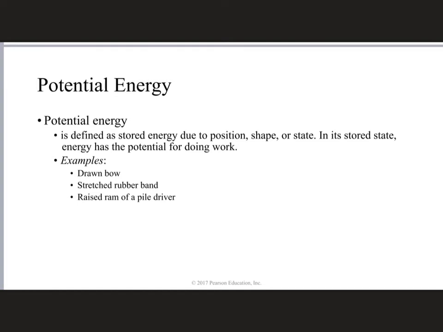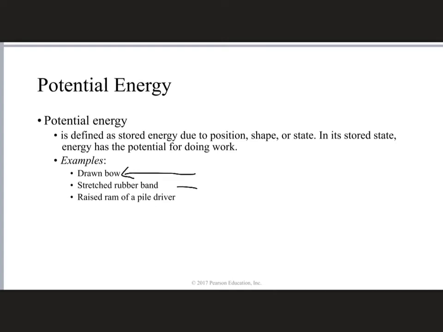So if you take a bow and arrow and you stretch, you draw the bow, you have done work to stretch the string of the bow, and then when you let it go, the potential energy that you put into the string of the bow, the stored potential energy is released, and the string snaps back and it pushes the arrow forward. And so by drawing a bow, you're doing work, and your work is going into creating potential energy.